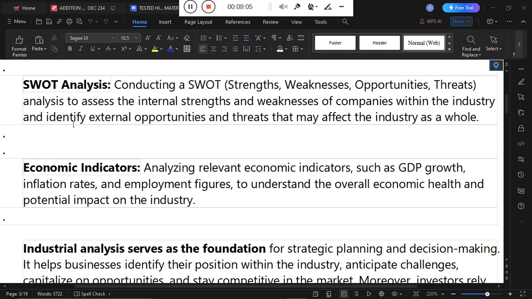But also another key component is economic indicators. One among the key components in industrial analysis is analyzing the relevant economic indicators such as GDP growth, inflation rates, and employment figures to understand the overall economic health and potential impact on the industries.